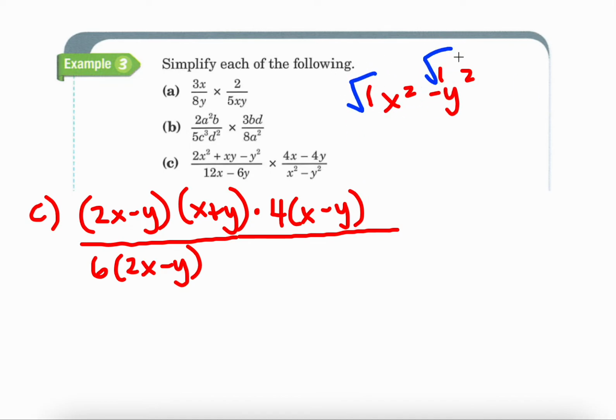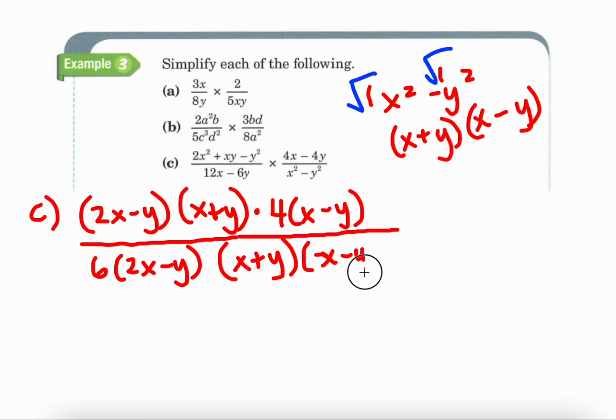I can square root that 1. And with a special case, I know that special cases, they're either going to be repeated in the binomial or it's going to be a positive and a negative. There's no middle term, so I know there's going to be a positive and negative, so they cancel out the middle term. So this is really x plus y times x minus y, a special case.